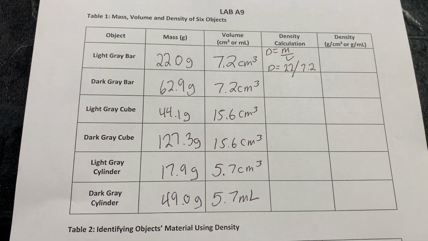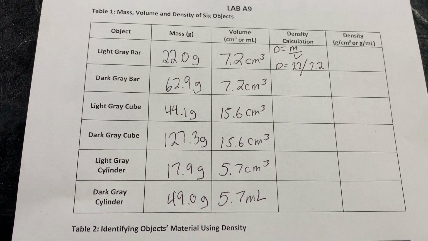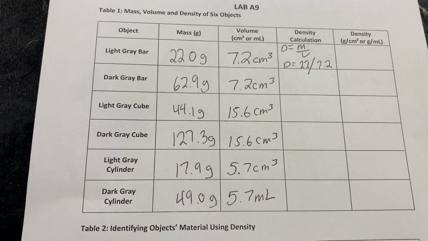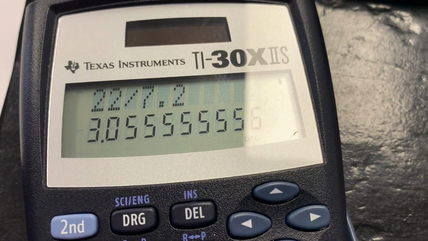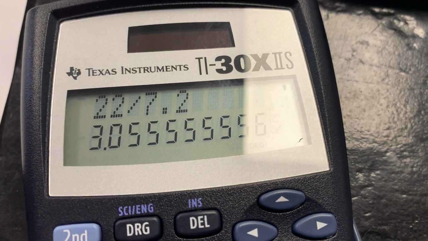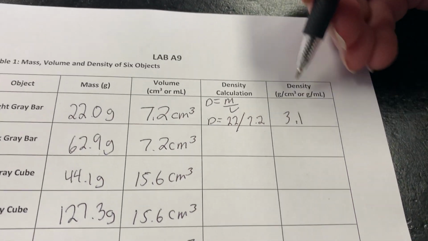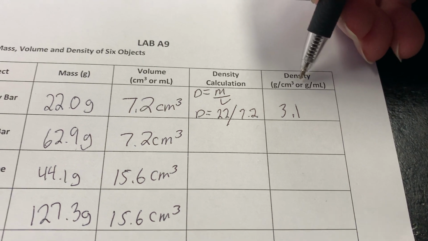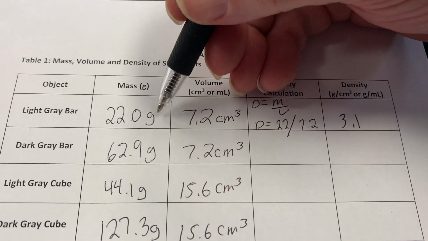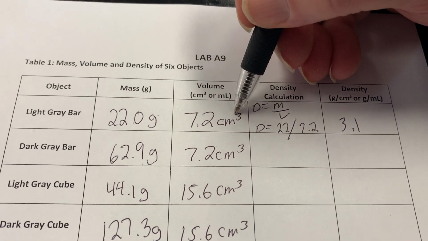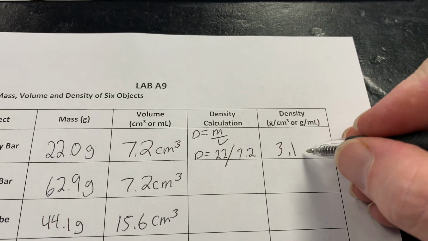Okay, so 22 divided by 7.2 equals 3.05, so we'll round that to 3.1. Now you're going to use grams per cubic centimeter or grams per milliliter. Since I used grams and centimeters, it is going to be grams per cubic centimeter.